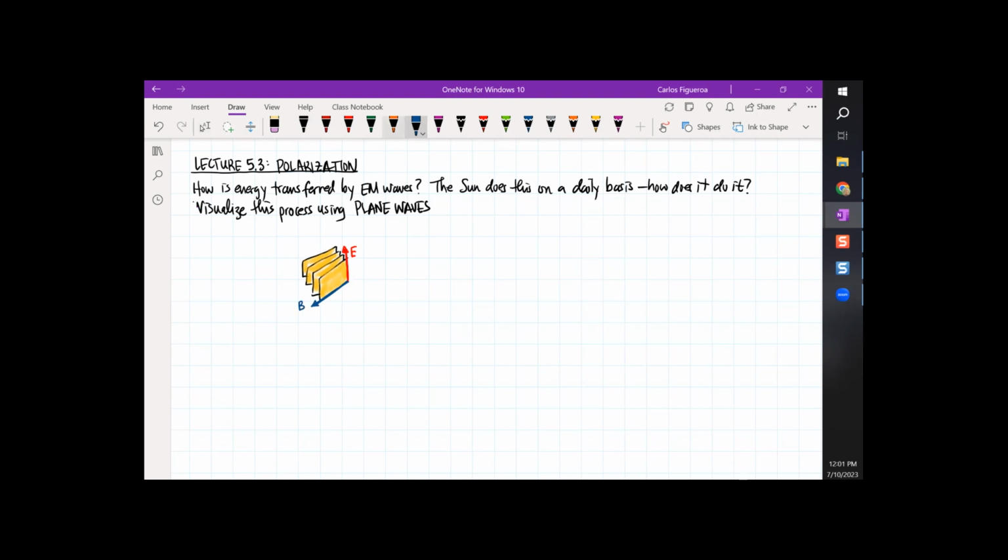And this is the direction of the wave. If I use my axes as I did before, this is the y direction, this is the z direction, and this here is the x direction. So I'm seeing these sheets here.